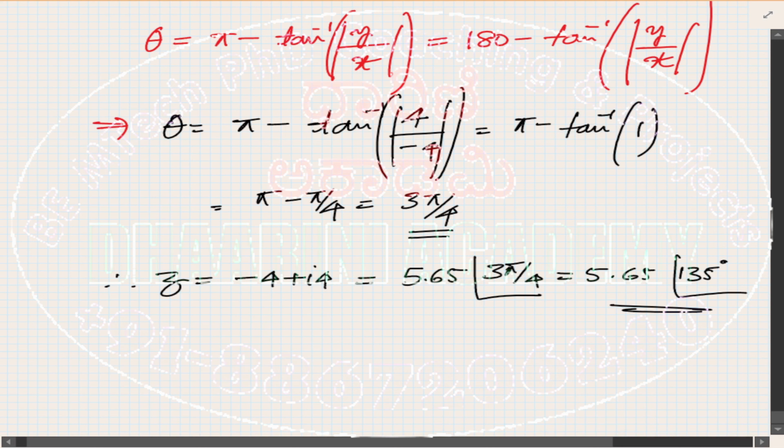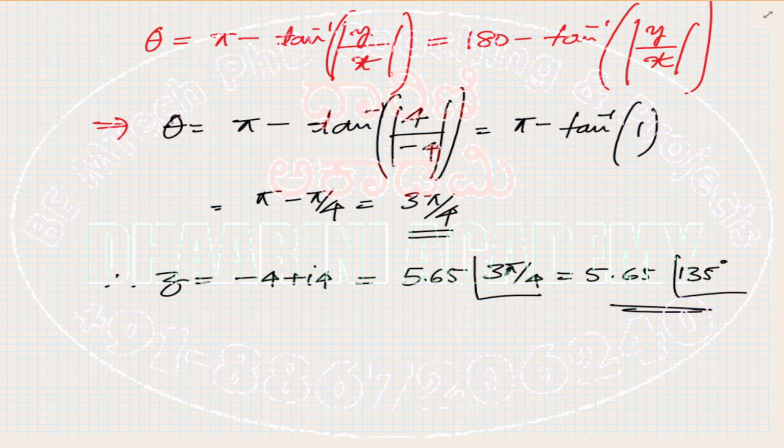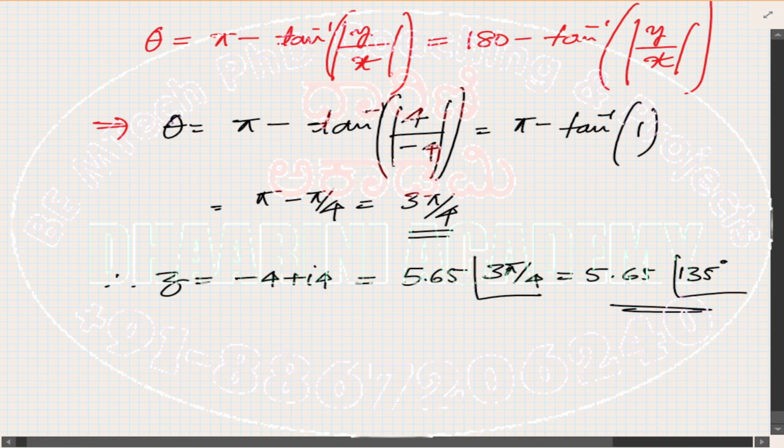And you first have to check which quadrant it lies in, otherwise this answer will be wrong. You have to perform certain operations with theta, like addition of pi or subtraction from pi. In this case we are going to subtract our answer from pi because this particular number is not in the first quadrant, it is in the second quadrant.